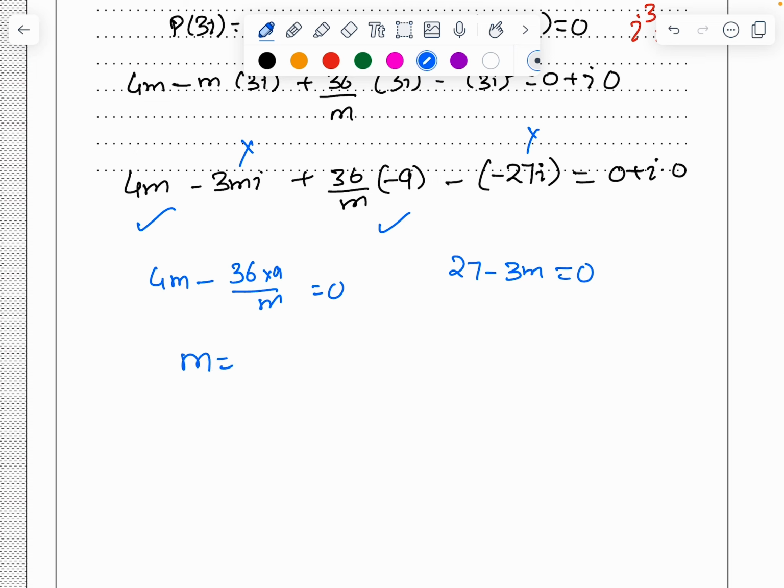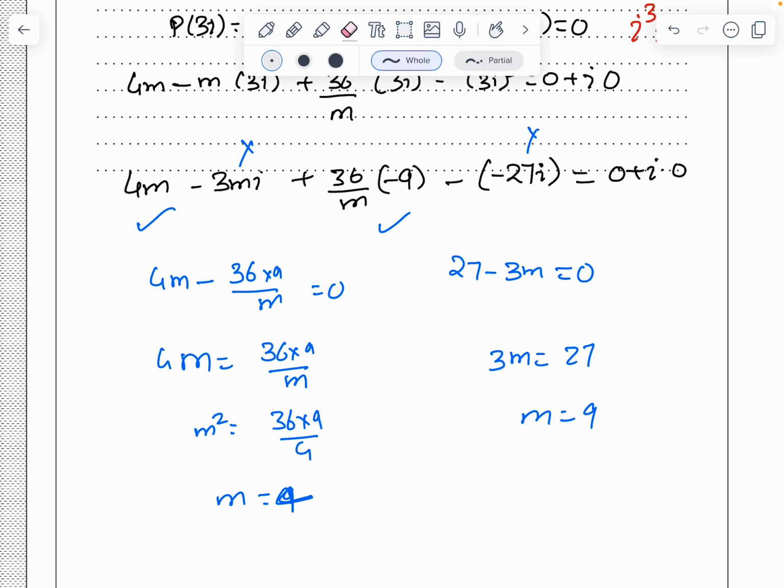So this gives me 4m equals 36 times 9 upon m, so m squared equals 36 times 9 upon 4. So m equals 9. 3m equals 27, m equals 9, and this is m equals 4. It's not 9, it's going to be 4. So those are the two values of m.